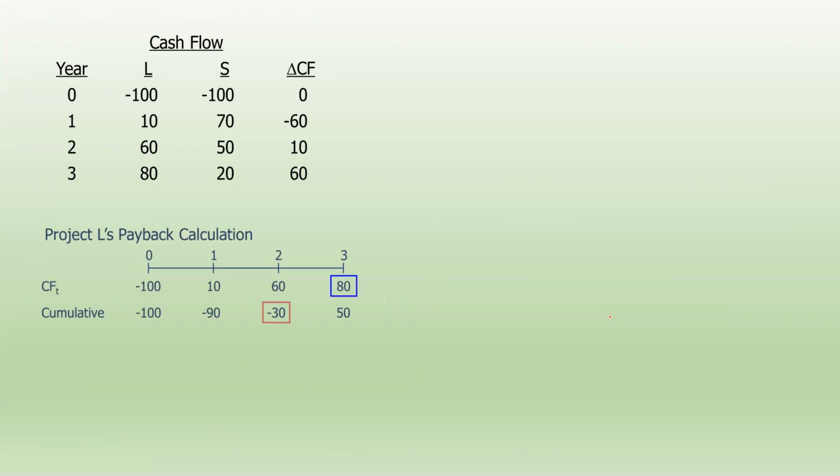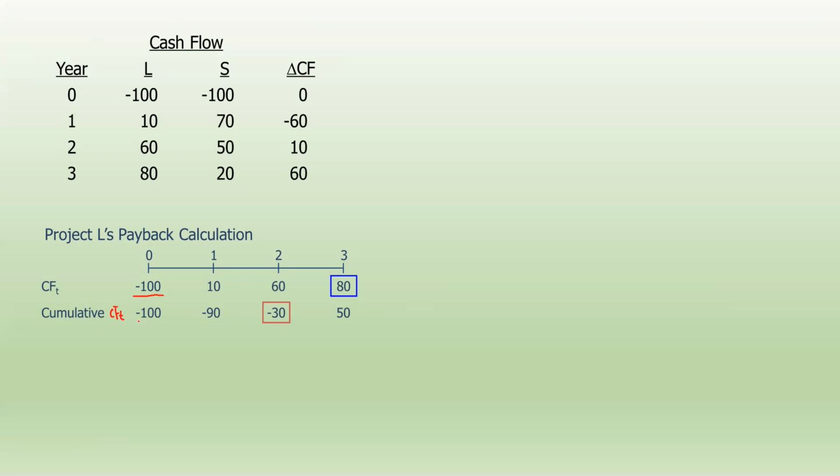So here are our examples from the NPV and IRR sections. Let's calculate project L's payback period. We invest $100 at t equal to 0, so we have what is called the cumulative cash flows.